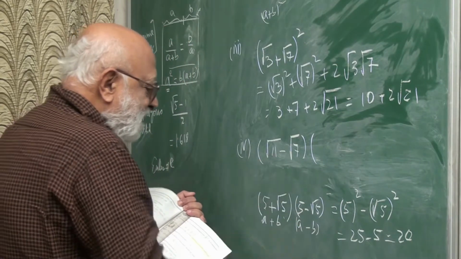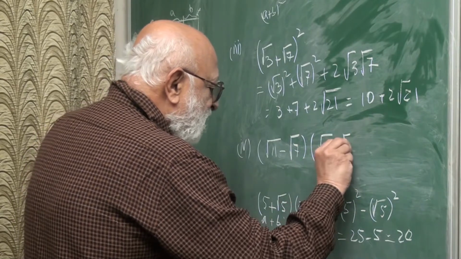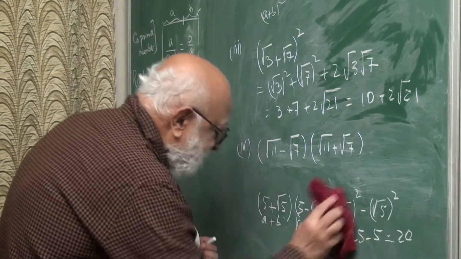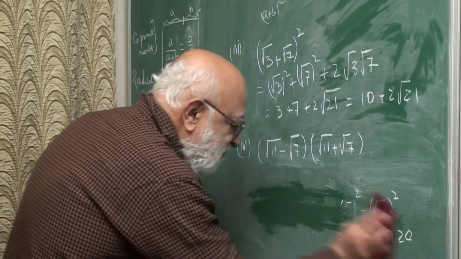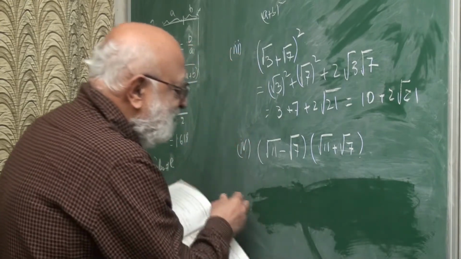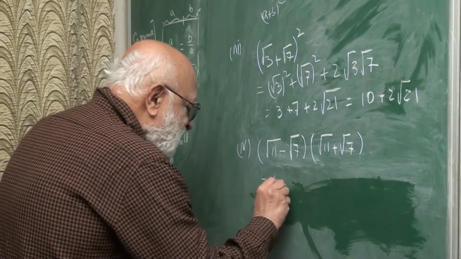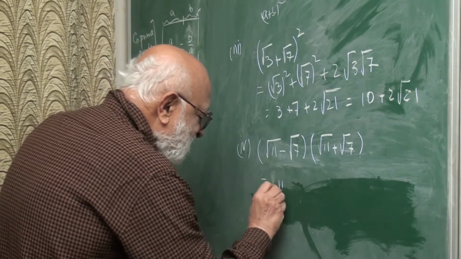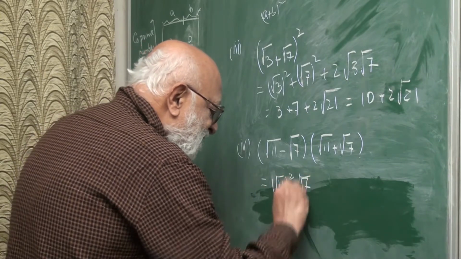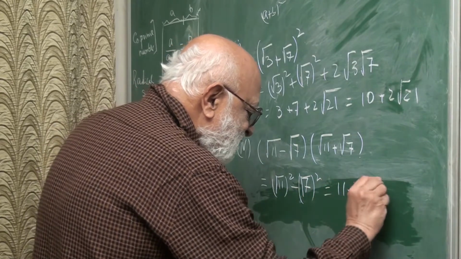Let me erase this part so there is no confusion. Again that will be root 11 square minus root 7 square, that is 11 minus 7, which is equal to 4.